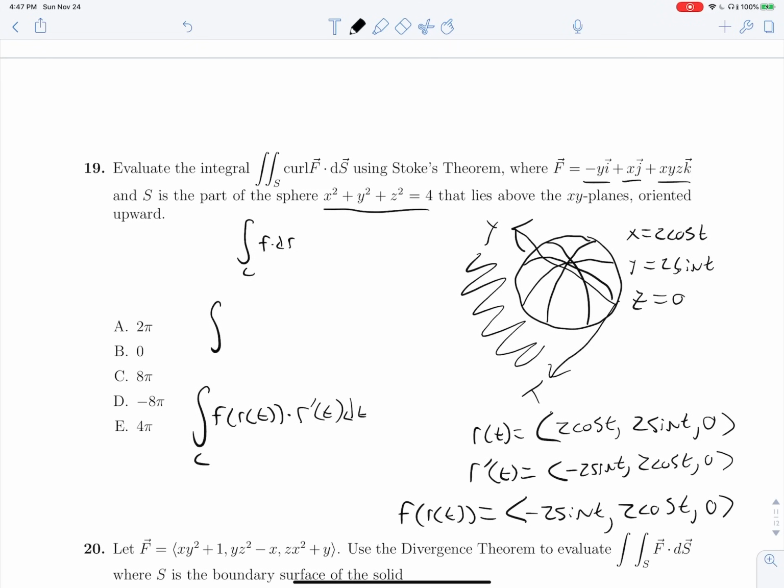This is going to be the integral from 0 to 2 pi, because we need to go all the way around our hemisphere, of 4 sine squared t plus 4 cosine squared t plus 0 dt. This will work out to 4 dt, or just 8 pi.